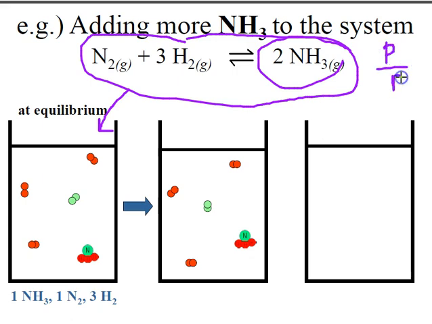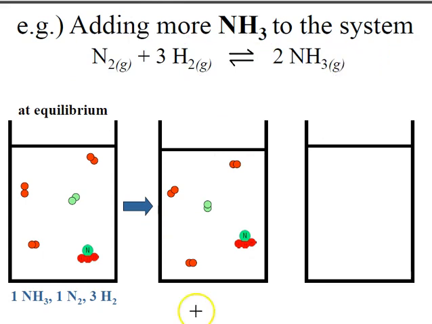So if you add some more NH3, that's going to make your products too big. So that's going to make Q bigger than K. Well, that's a problem. So how do we get back to K if Q is too big? We've got to shift to get rid of that excess. So we're going to be shifting back toward the reactants if we add a product.